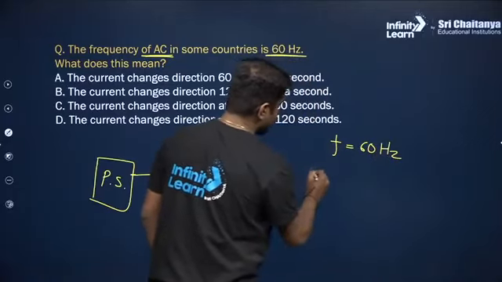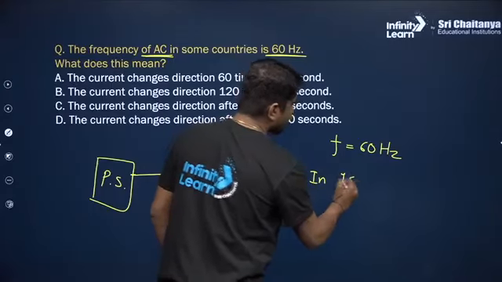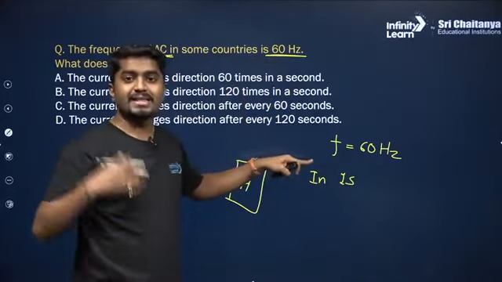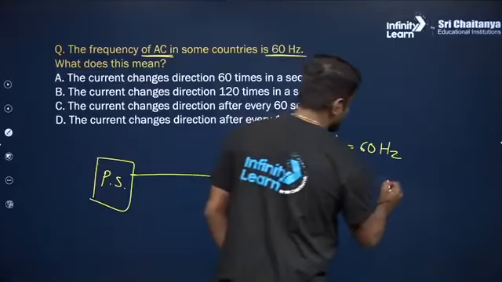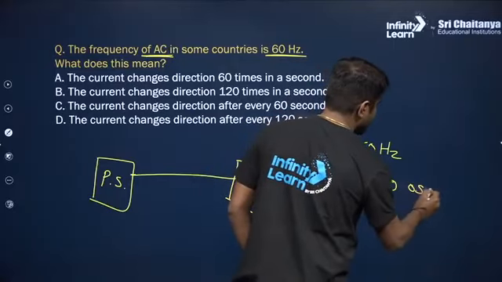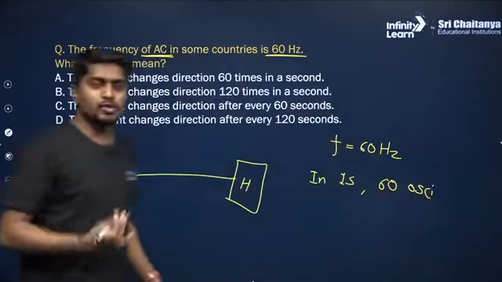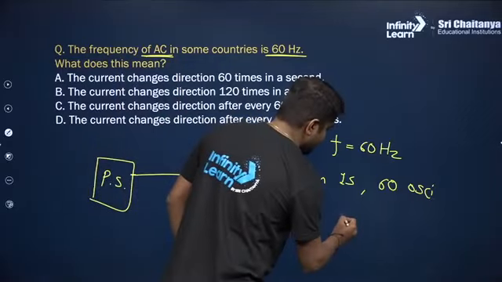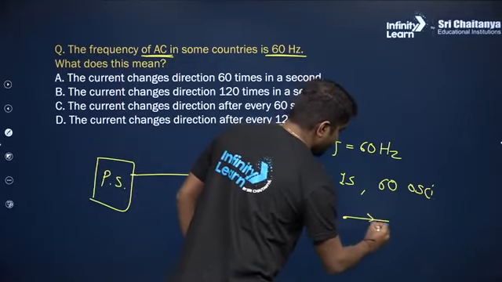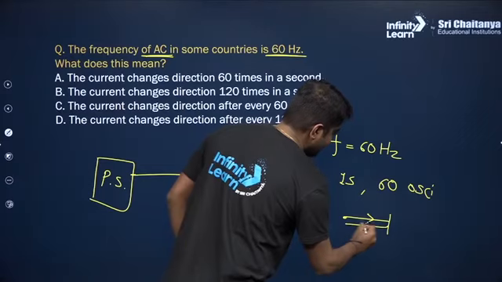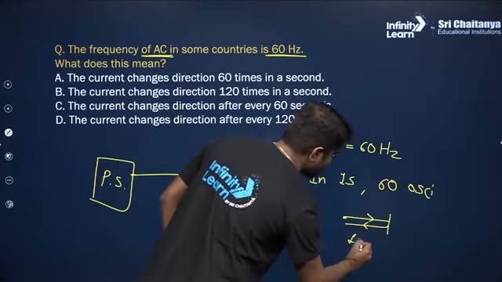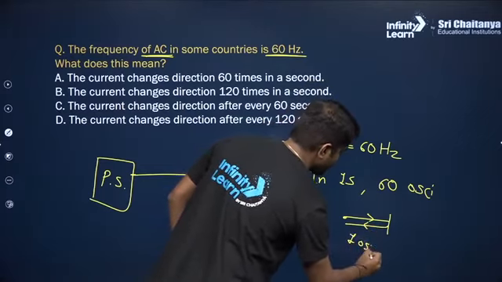That means in 1 second, this AC completes 60 oscillations. So now what is one oscillation? If, let's say, any particle starting from here goes to one end and comes back, that is one oscillation. Correct?